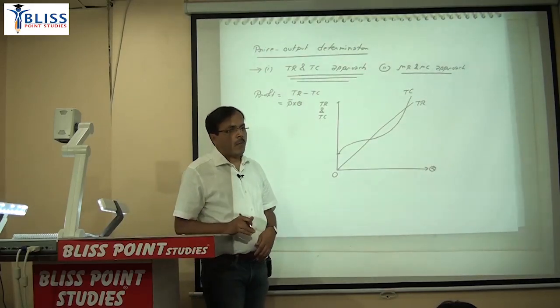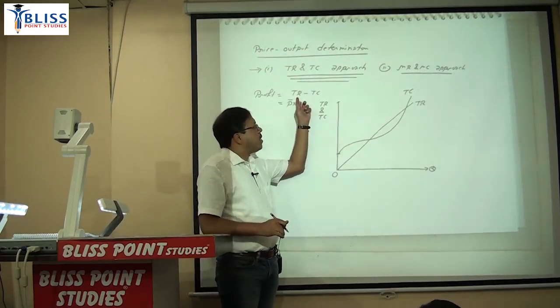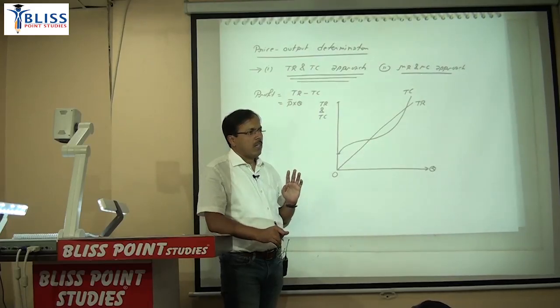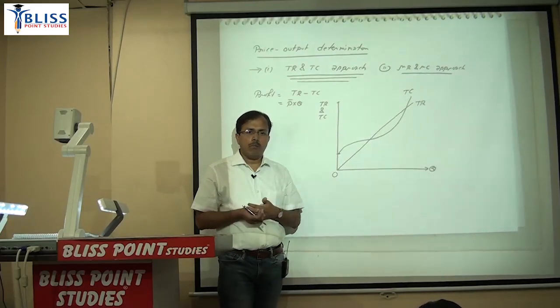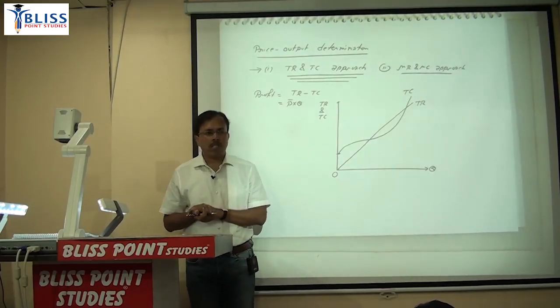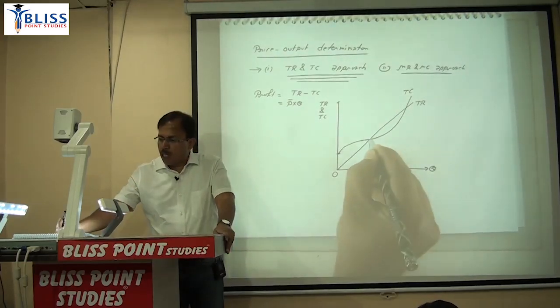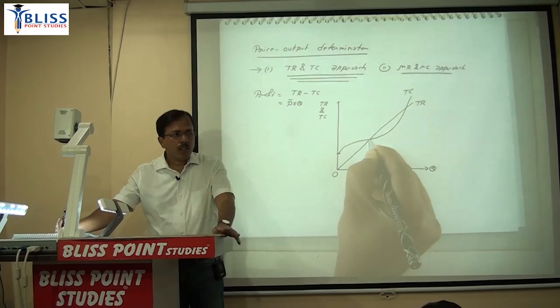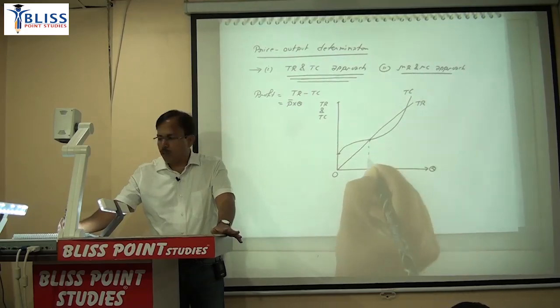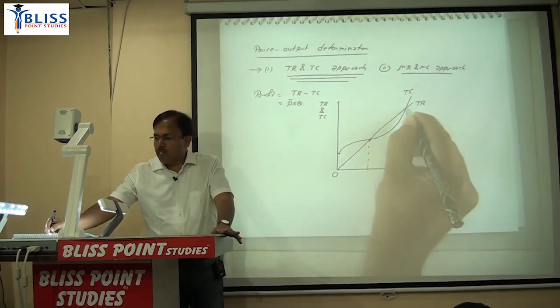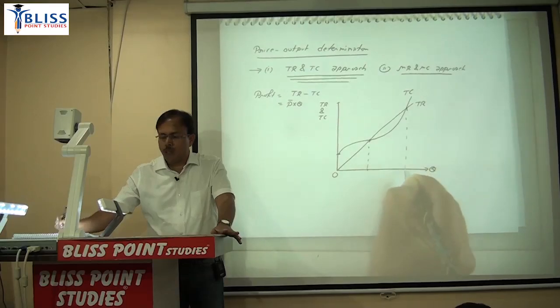And what is profit? Profit is difference of TR and TC, and that profit needs to be maximized. So where profit is maximized in graph? जहाँ पे TC और TR इक्वल है वहाँ प्रॉफिट जीरो हो गया, वहाँ प्रॉफिट जीरो है. इस पॉइंट पे भी TC और TR इक्वल है तो यहाँ भी प्रॉफिट जीरो है.